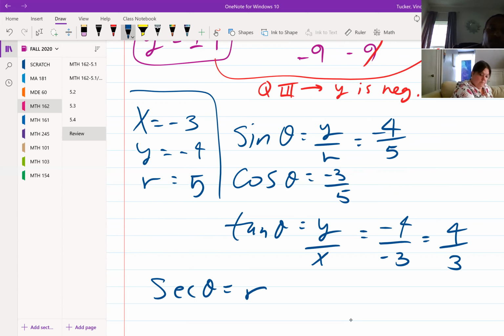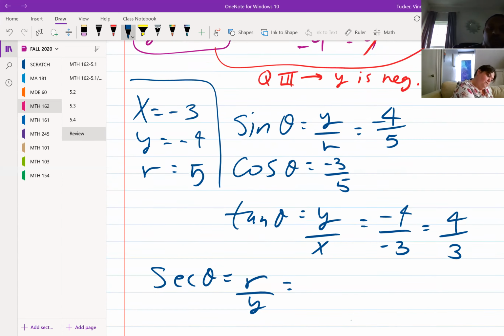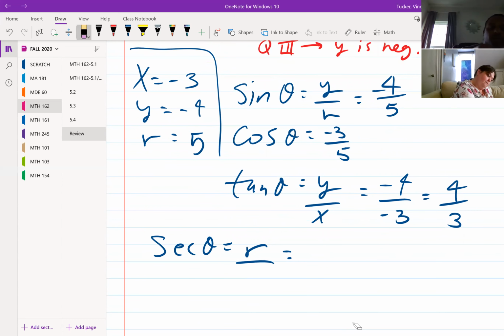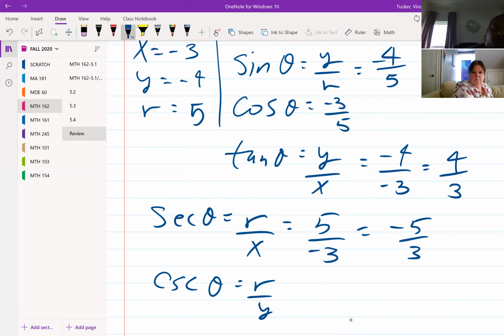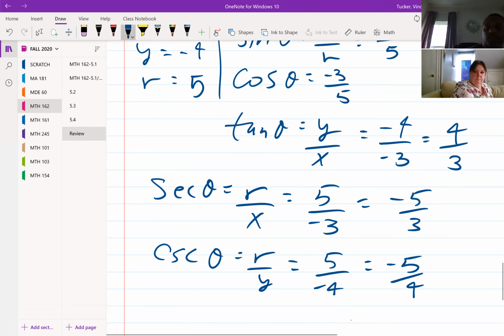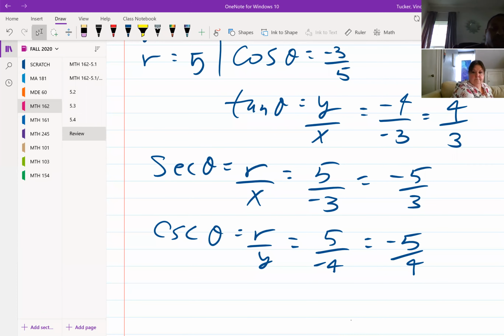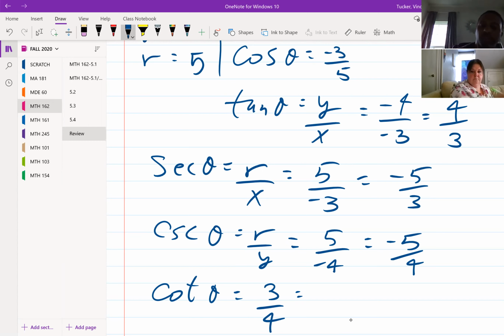Secant is r over x, so it's 5 over -3. Cosecant is r over y. And then cotangent is 3/4, which is x over y.